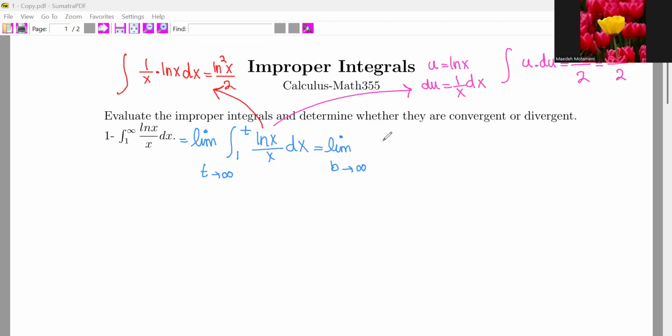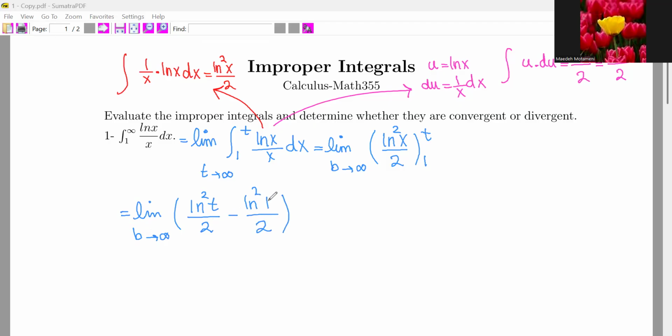So with both approaches, you would have ln squared of x over 2 from 1 to t. Let's keep the limit here still. When you plug in t, you get ln squared of t over 2 minus, when you plug in 1, ln squared of 1 over 2.